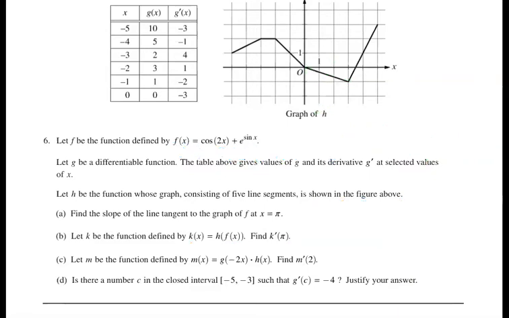Part C says let M be the function of that thing. So this is going to be a product rule because we have a multiplication right there. So we have to do product rule, and then there's a chain rule in this part.